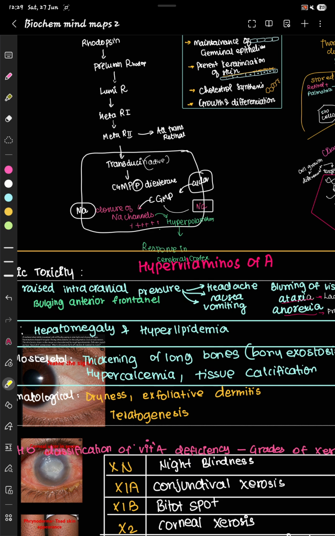Again, anything that is deficient or anything in excess will cause disease. This is not understood by many parents. They are so overprotective in this era of technology. They give a lot of vitamin supplements to their children, and they will get these kinds of manifestations.